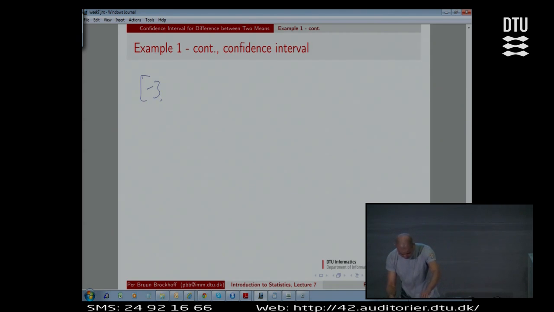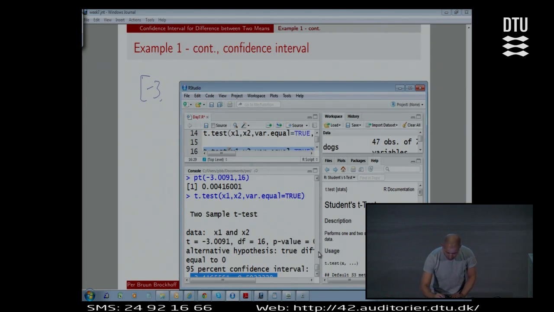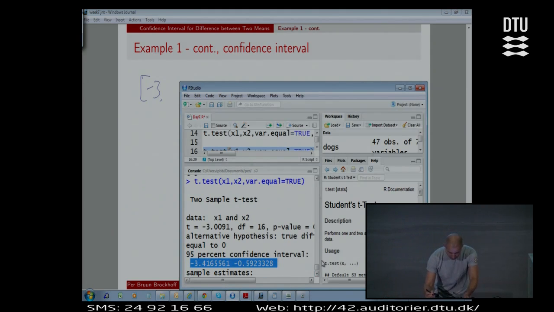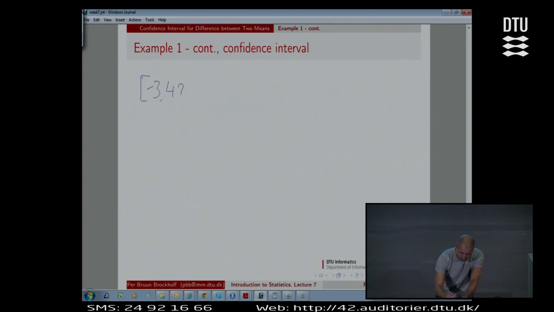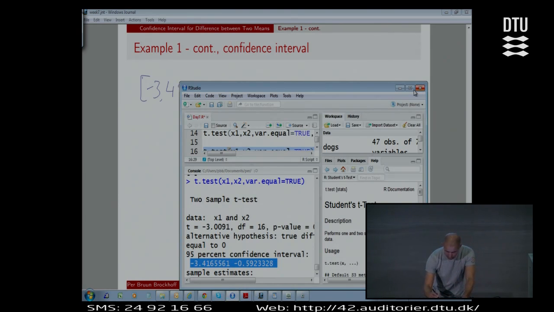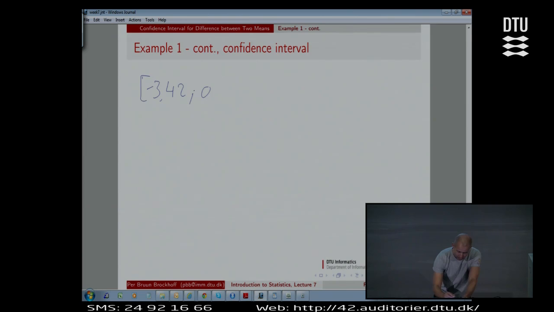Can you see or remember the results? I try maybe one number at a time, then maybe I can do it. 4.242. Oh, that was a good feeling. Minus 0.59. Whoa, I'm good now.